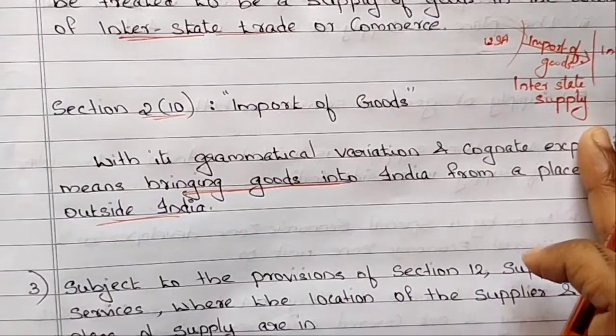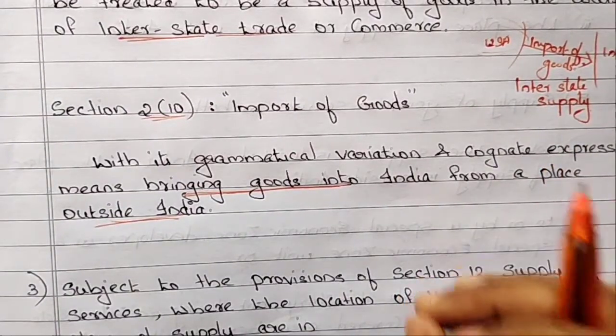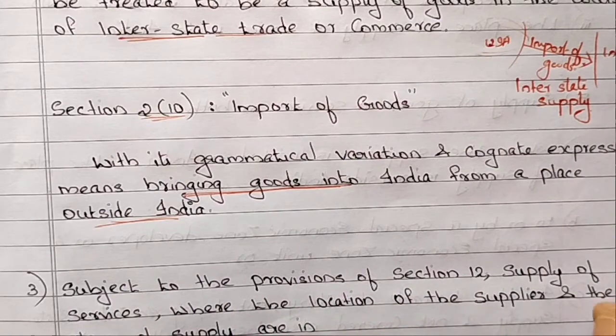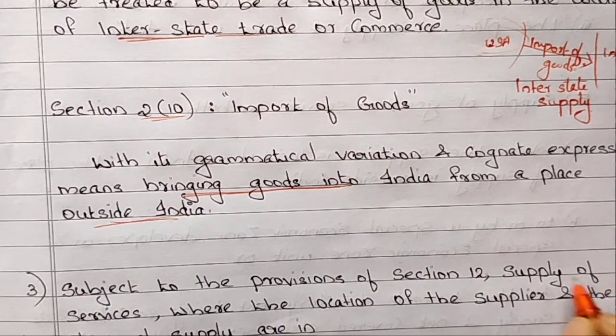Now, section 7 subsection 3. Here it is the supply of services.